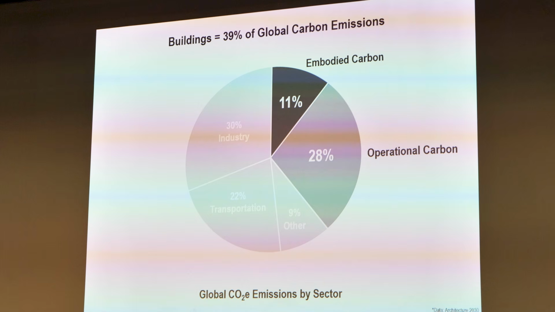And we have insulating buildings, going all electric, net zero, etc. There's this other one, which is up here, which is the embodied carbon. Embodied carbon is the amount of energy, the CO2 equivalent, that is released in the making of the buildings, not the running of it, the making of the buildings. But that's less, right? So you look at this and you're like, oh, I'll focus on the operational energy.